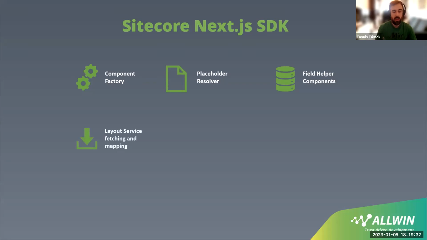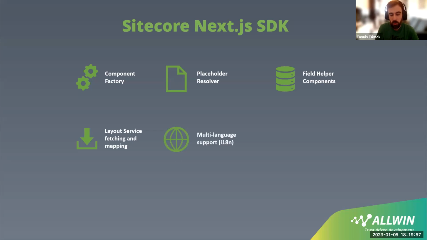Then, of course, we have the layout service fetching and mapping. We just have to configure some settings in the Next.js application, and all the request handling and mapping the request results to objects is done by the Sitecore SDK. So we don't really need to care about this.